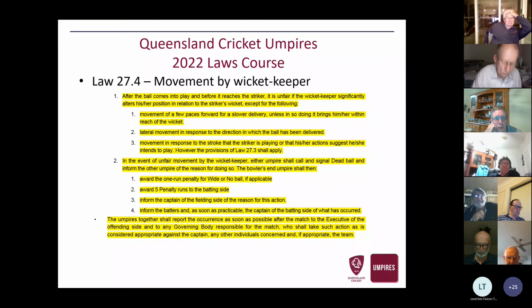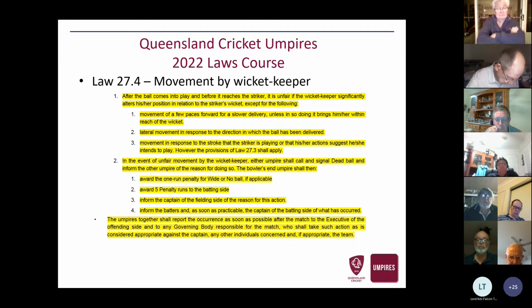In the event of any form of unfair movement by the wicketkeeper, either umpire will call and signal dead ball and award a 1-run penalty if applicable for a wide or a no ball, award 5 penalty runs to the batting side, inform the stakeholders, so the fielding captain, batters and the batting captain, and report through to the governing body.